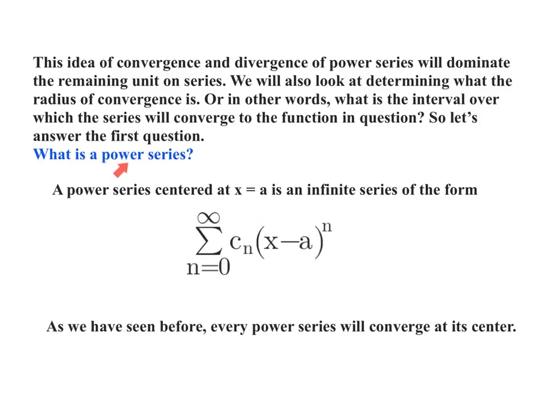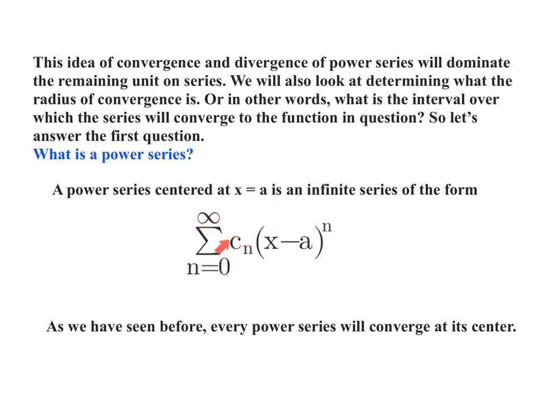What is a power series? All right, so a power series is centered at x equals a. It is an infinite series in this form. We have a sum going from n equals 0 to infinity, and it doesn't really have to start at 0. It could start at 1 or whatever, but it does have to go to infinity in order to be a series.